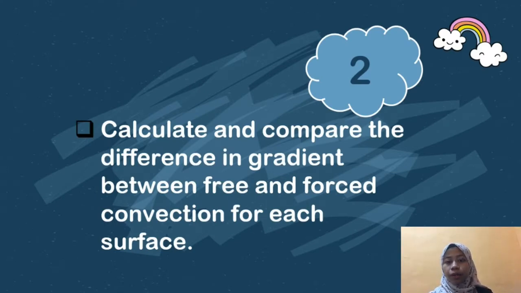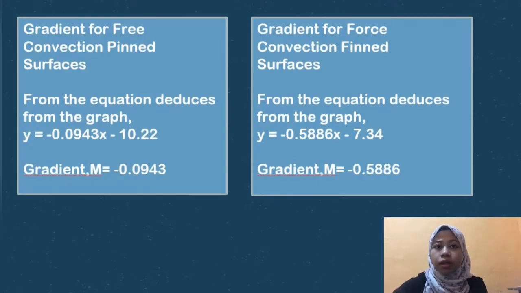Calculate and compare the difference in gradient between free and forced convection for each surface. Gradient for free convection pin surface from the equation deduced from the graph is y equals negative 0.0943x minus 10.22.